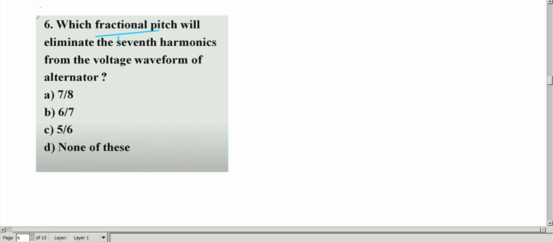It is 180 by n. So you get 180 by 7 as the short pitch angle to eliminate the 7th harmonic. So which fractional pitch will eliminate the 7th harmonic from the voltage is 180 by 7.